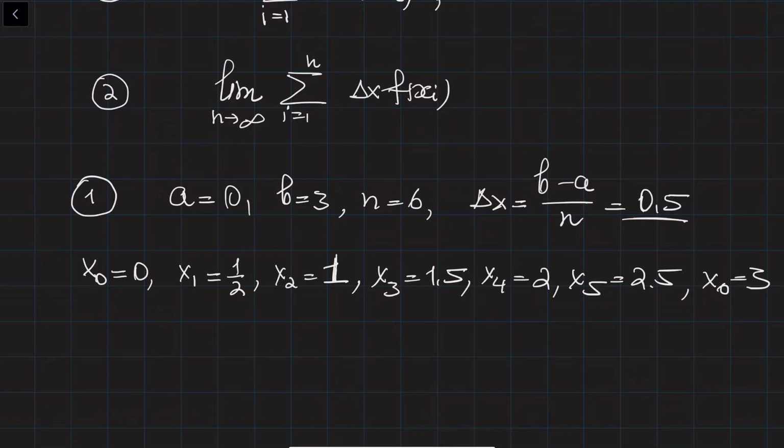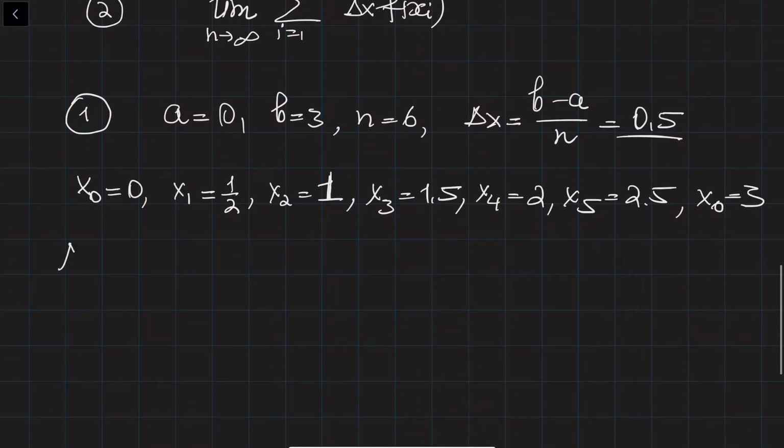So what we need to do is evaluate the area to be approximately equal to the summation of delta x times f of xi, right, where i goes from 1 to 6. So let me take out delta x from the brackets.